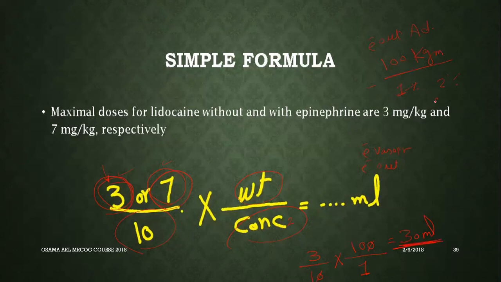If you are going to use 0.5%, I will put 0.5. So we can say that this is the easiest method to calculate the dose of local anesthesia: 3 or 7 over 10 multiplied by body weight over concentration.